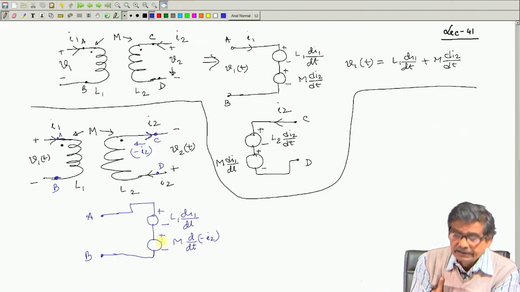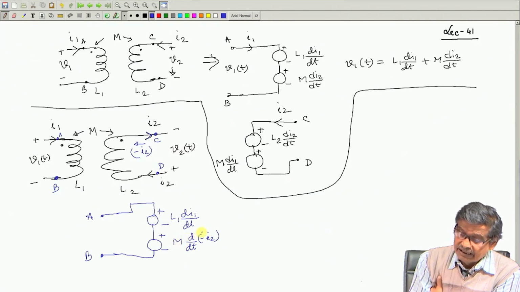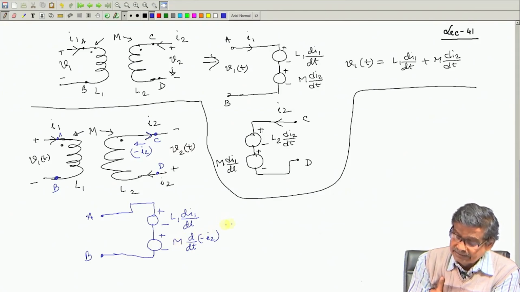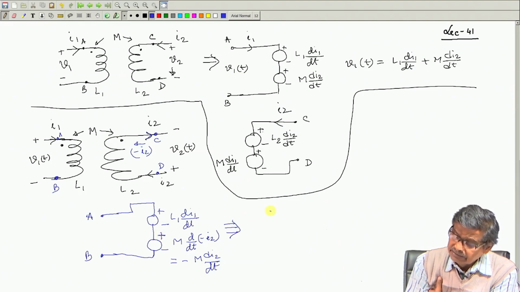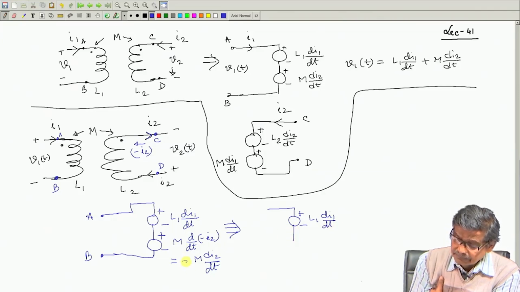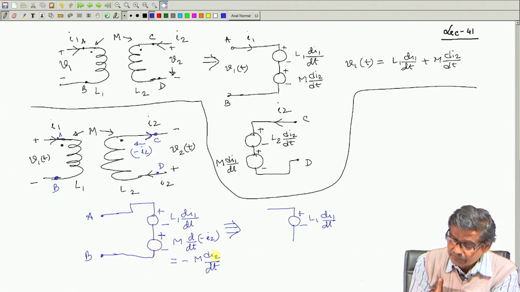But here you show it like this, which is exactly the same as, equivalent to writing, because this is minus M, minus M di2 dt. Treat this, but the polarity you write like that, and then you can say this is plus L1 di1 dt, and then this is minus: the potential of this point with respect to this is minus this quantity.